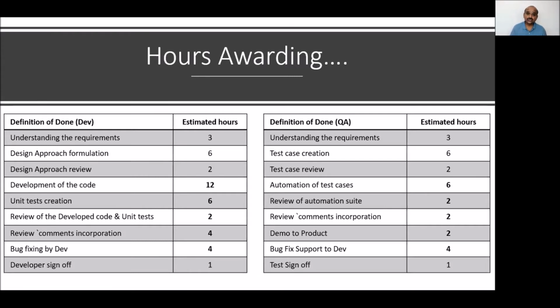So then QAs have to step up and they have to reproduce it. And nowadays we are actually having AWS based operating systems. Then the job will become even more difficult, right? So in that case, the QA is spending effort to support the dev in reproducing it, in fixing the bugs, and they don't estimate those many hours there.